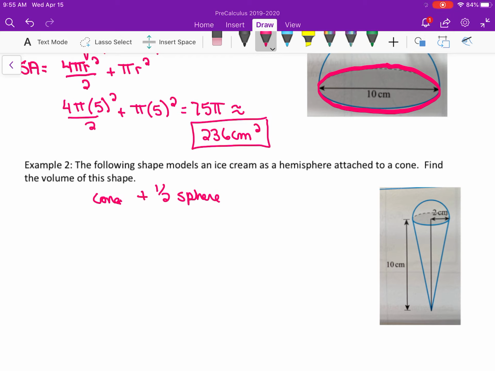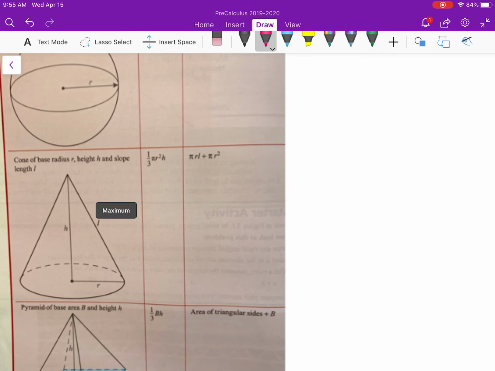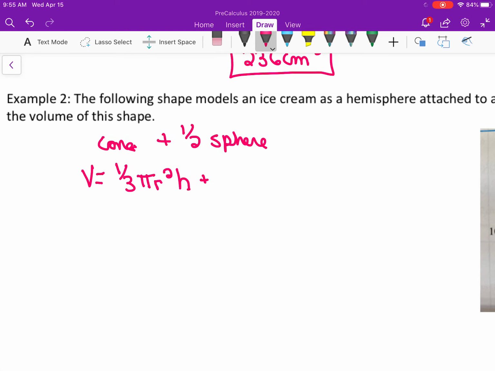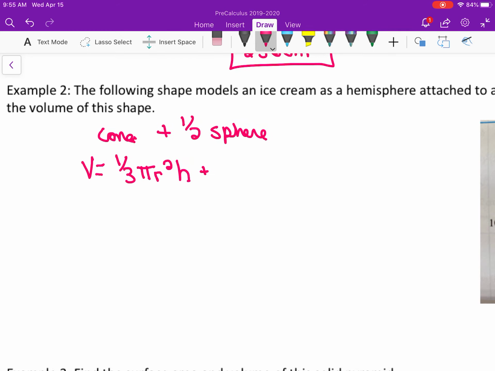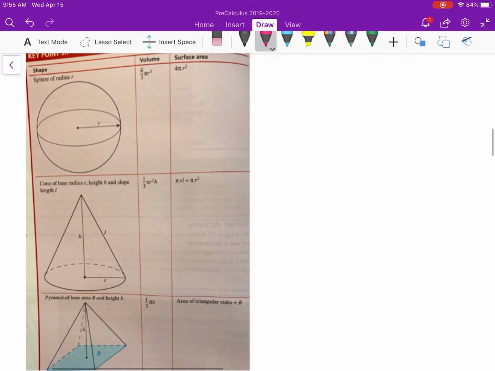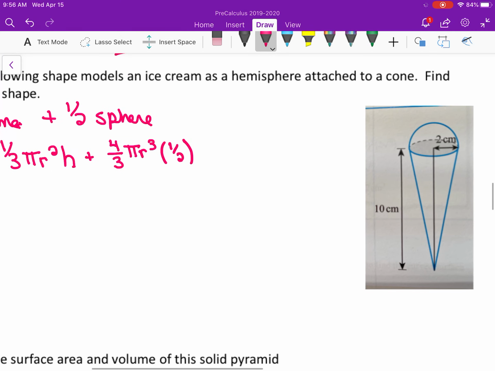All right, so the volume of a cone is 1/3 pi r squared h, which is back in our formula sheet, and then plus we've got half a sphere. All right, and a sphere is 4/3 pi r cubed. So we would have 4/3 pi r cubed, and then a half of that, because we just have a half of the sphere.